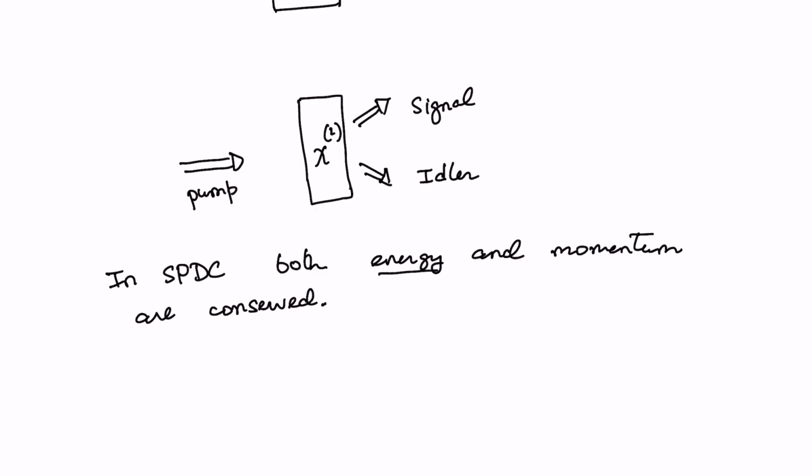Parametric because energy and momentum are conserved. Let me tell you once again that the signal and the idler so produced are entangled to each other. Please once again note that this information on spontaneous parametric down conversion I am providing you is in the context of entanglement only. It is not related to optomechanical entanglement.